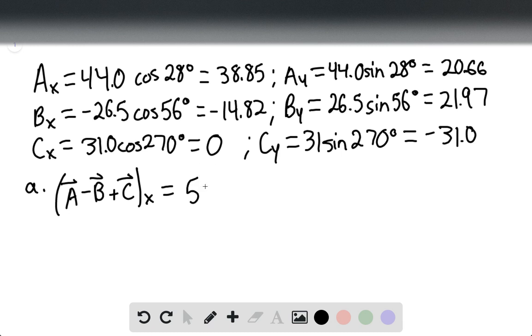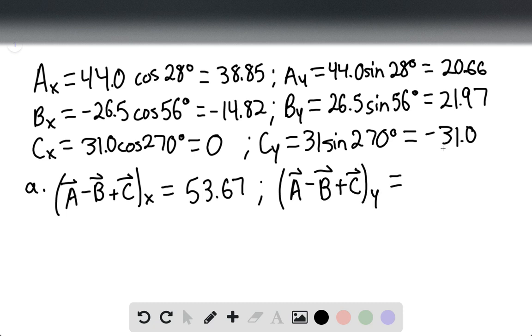This is giving us 53.67. And then to find the y direction, we have vector A minus vector B plus vector C in the y direction. This would simply be 20.66 minus 21.97 and then minus 31. So this will be negative 32.31.